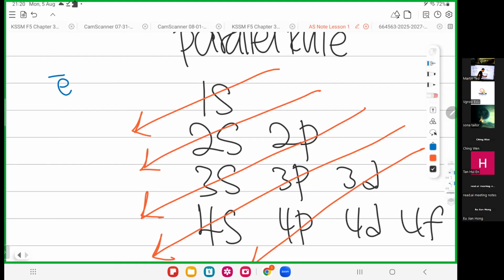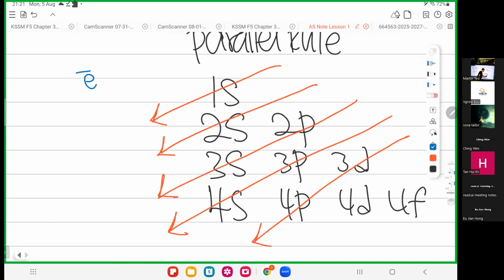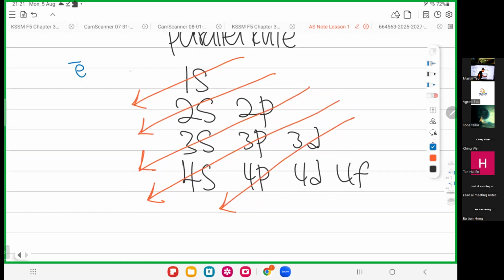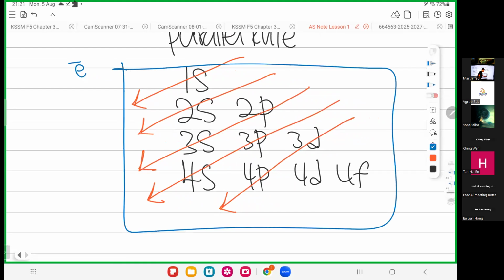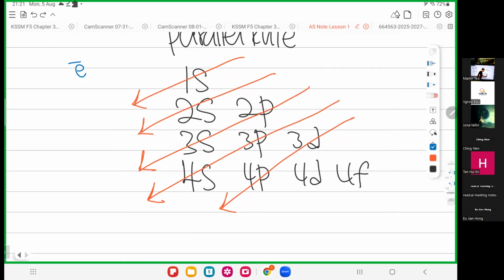So make sure you all know this magical parallel rule. This parallel rule is very important. Whenever they want you to fill in electrons, I want you to write out this parallel rule so that you know exactly the sequence. Now, the best way to learn is by example.